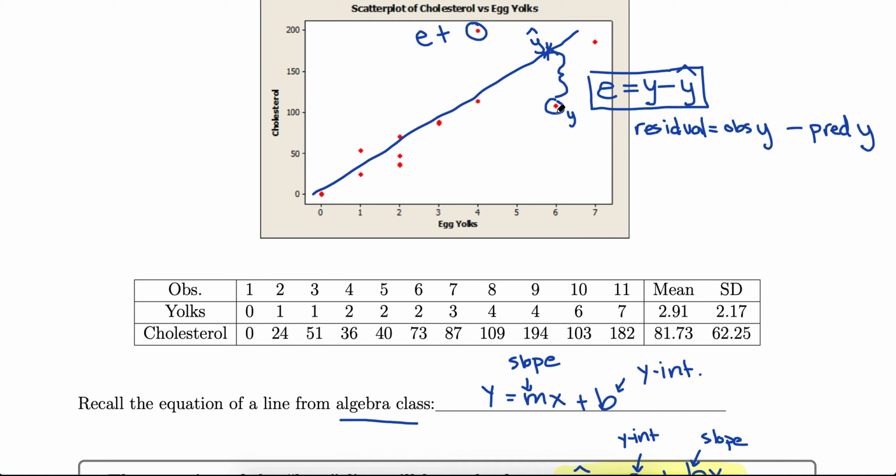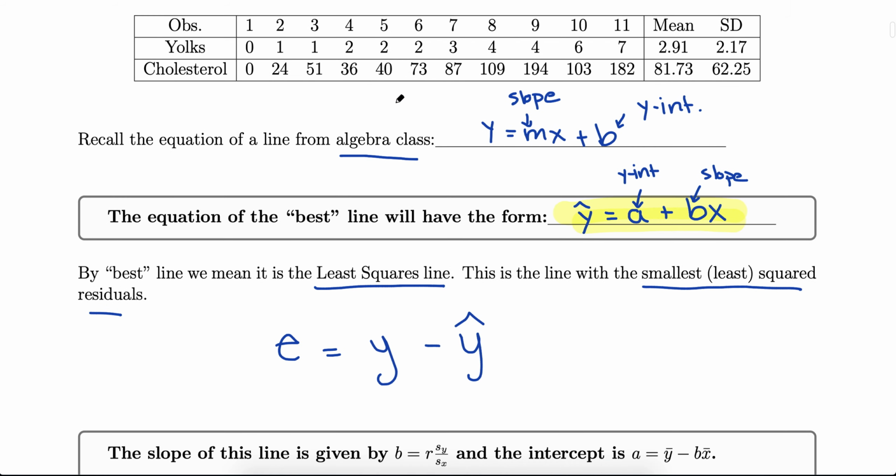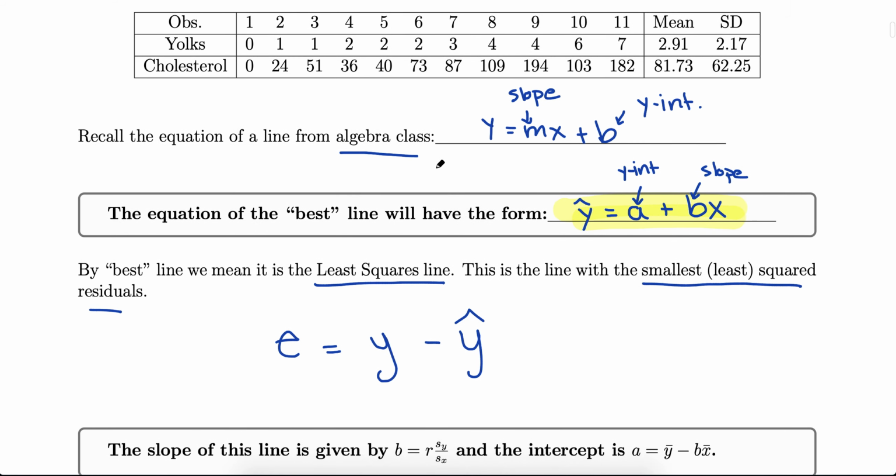For this other point, my observed y is smaller, so I'm doing smaller minus bigger, and this residual is negative. Points above the line have positive residuals, points below the line have negative residuals. That's why we square them in the definition, because we don't want them to cancel out to 0. We want just the overall magnitude of the differences. The most important things to know right now are this definition of residual or error, and the equation of the line in general for stats.